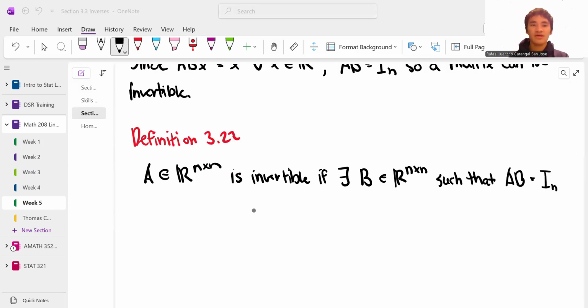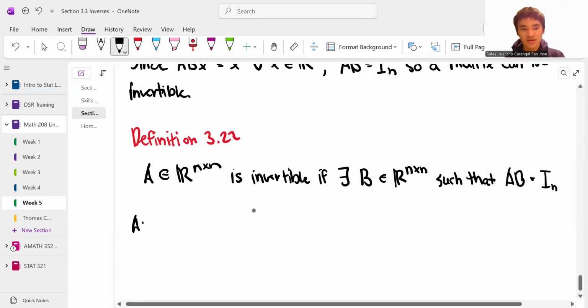So a matrix A is invertible precisely when the associated linear transformation is invertible.